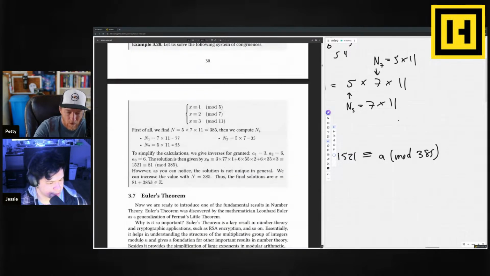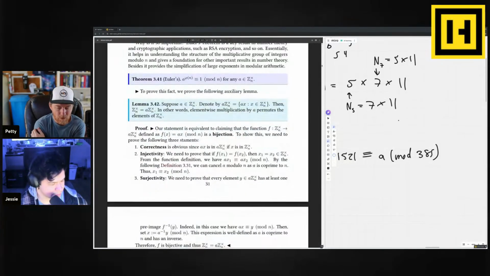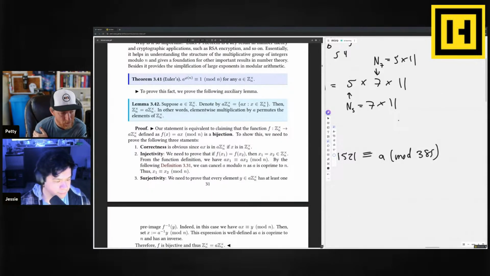I see the multiplicative group of integers as the basis functions of a given modulus. That seems fair, that feels like the right thing to me. When I think of modular arithmetic, mod n is the field in which you're operating, and the basis functions of that field is this set of multiplicative integers.